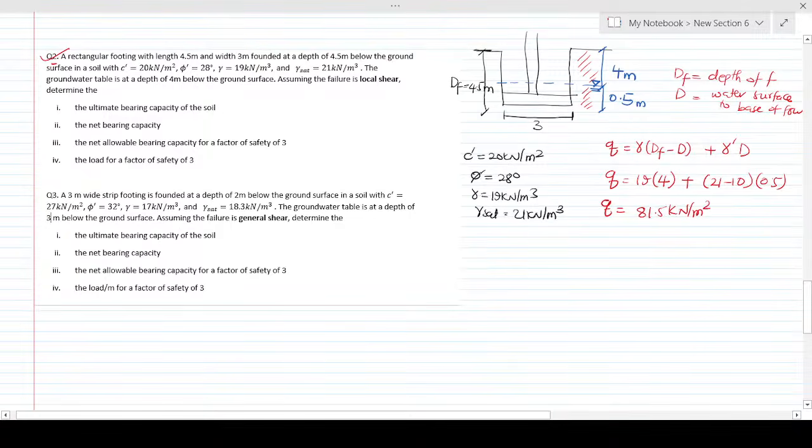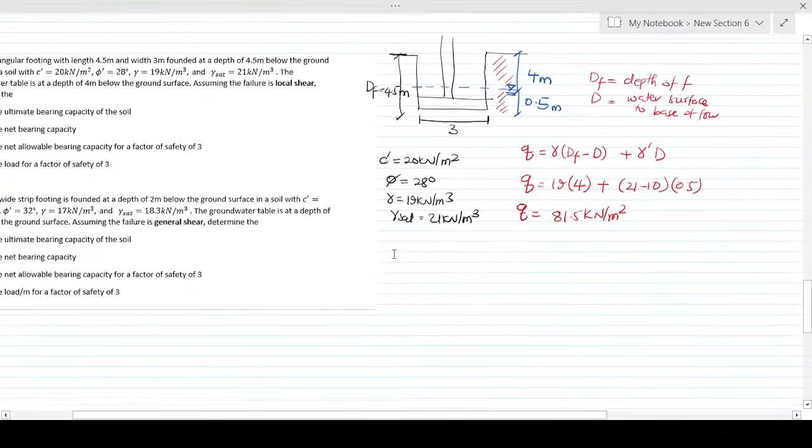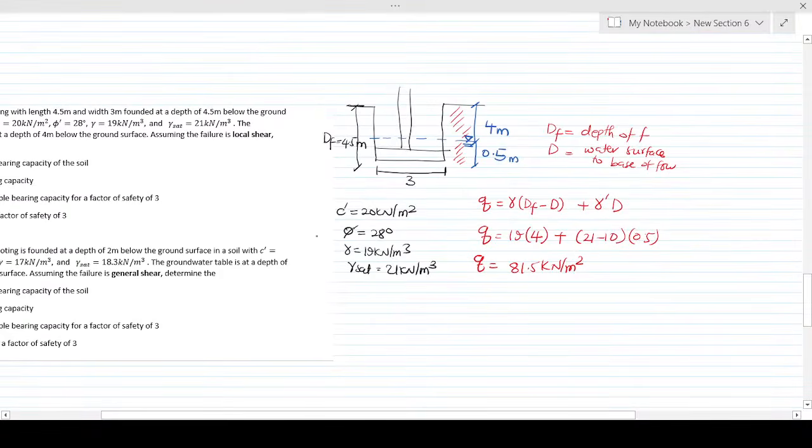Now, the question is local shear. So before I go to anything, I need to find my C bar, which is 2/3 of C prime. So 2/3 of 20 gives me 13.33 kilonewton per meter squared.